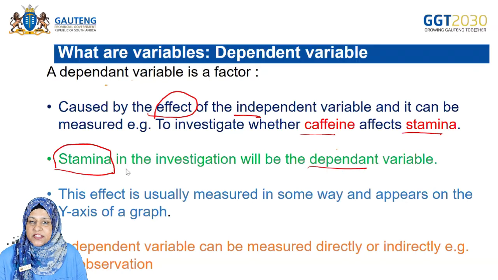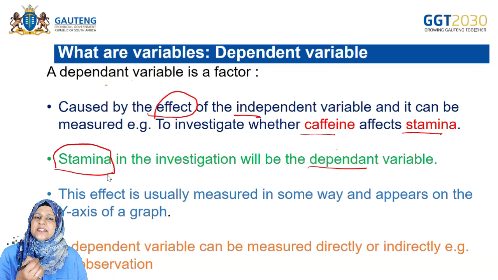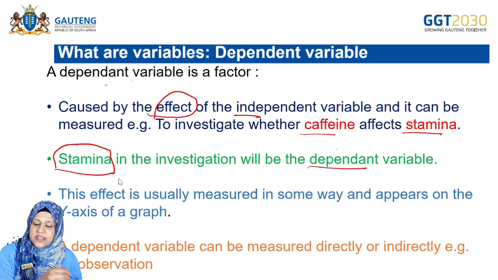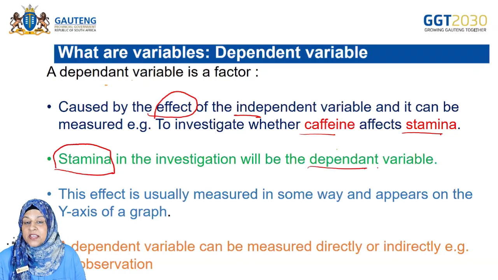Okay, you can give a person caffeine, and how much caffeine you give them, how often you give them, the dose of the caffeine, that's you as the researcher, as the investigator, who is going to manipulate. And then you'll measure the stamina after that. So therefore, the stamina depends on the amount of caffeine. Therefore, stamina will be the dependent variable.